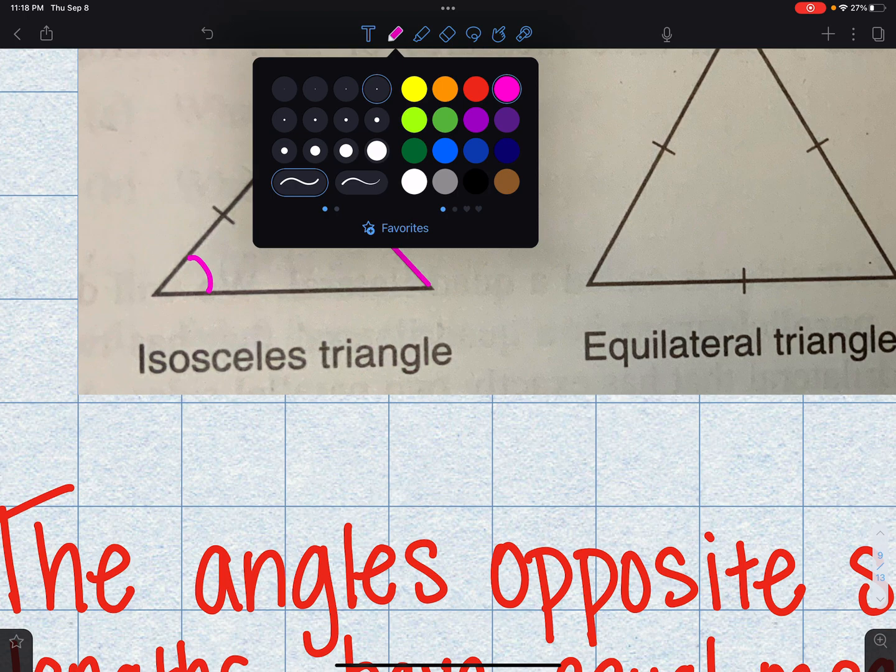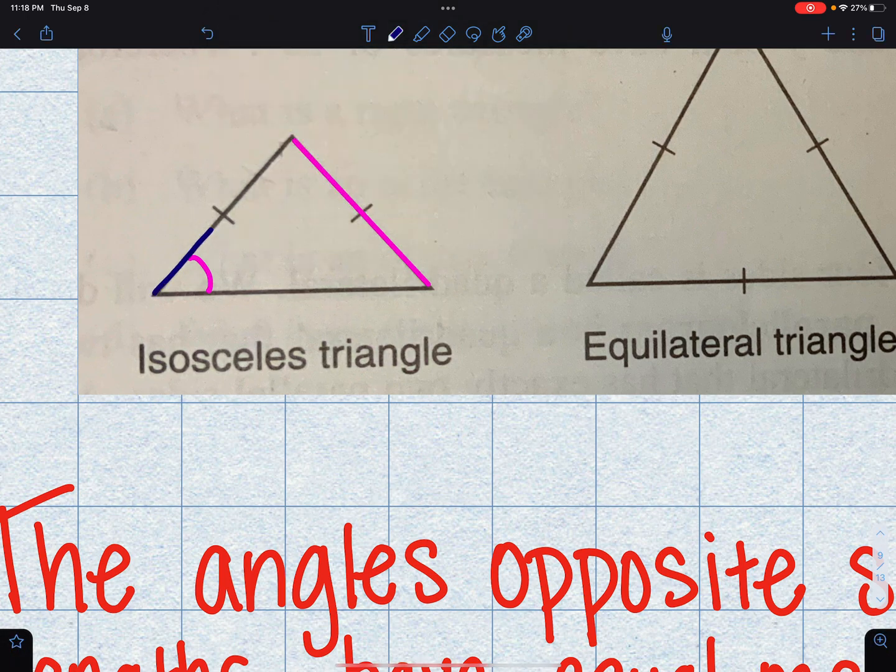Now, if we look at this other angle, let me do it in blue, this other segment, that is opposite this angle. And so what's really cool is that if the blue is equal to the pink, which it is in an isosceles triangle, then that means that this angle, whatever it is, x, is equal to this angle, x.